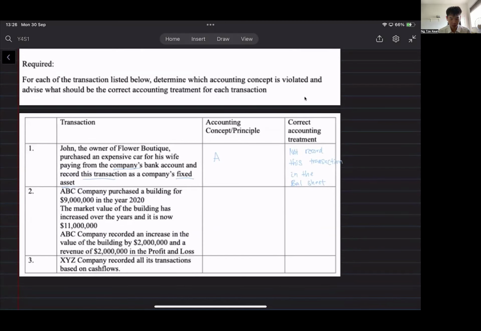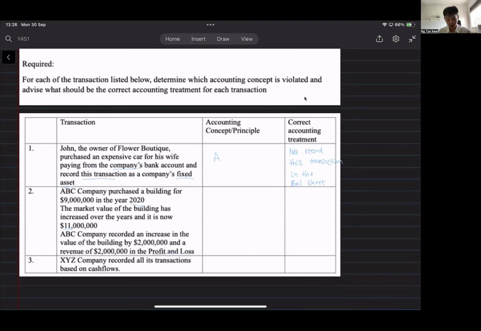For question two, we have ABC company purchasing a building for 9 million in 2020, right? And there was appreciation of the building, and now it is 11 million. So there's an increase in the asset. The company recorded the increase in the value of the building and added this increase to the P&L.